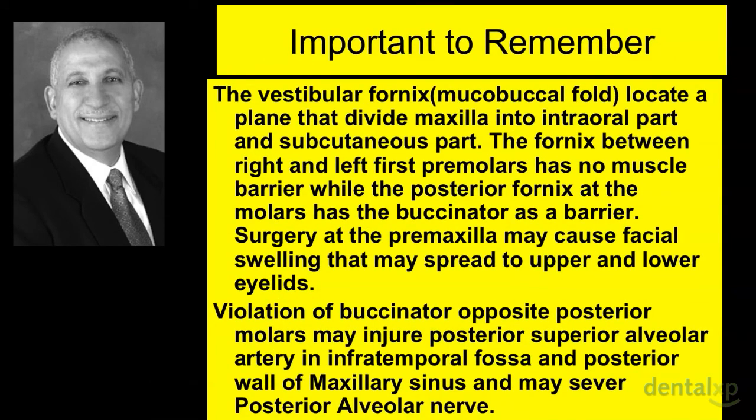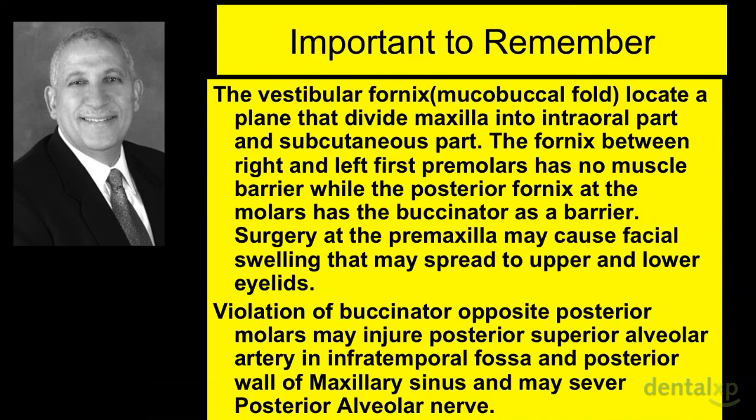The vestibular fornix or the mucobuccal fold locates a plane that divides the maxilla into an intraoral portion and a subcutaneous portion. So therefore the fornix between the right and left first premolars has no muscle barrier, like I said before, while the posterior fornix at the molars has a buccinator as a barrier.